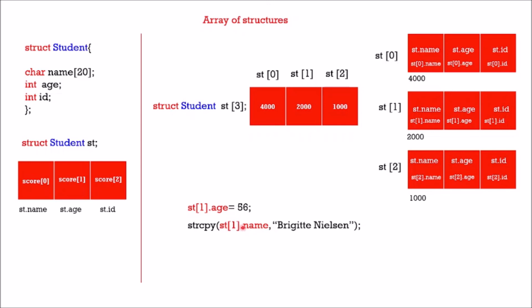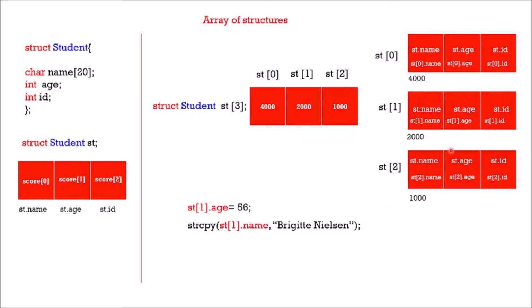Remember, I will use the same procedure: st, then the index, in this case the second structure in this position, then the dot operator, and then the member variable, in this case name, which is the destination. So this is how we do that.